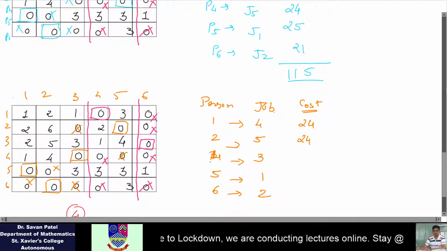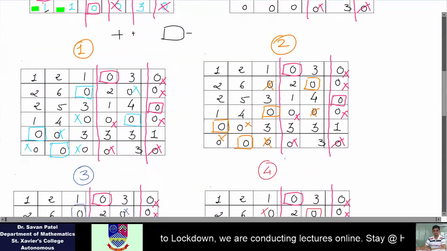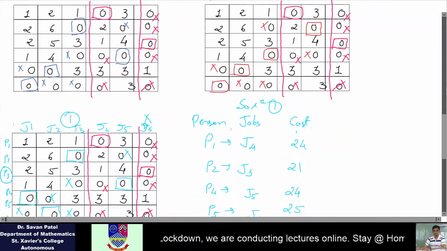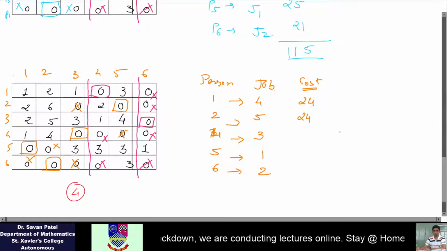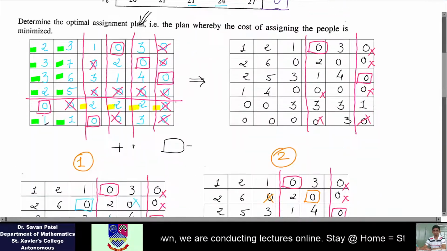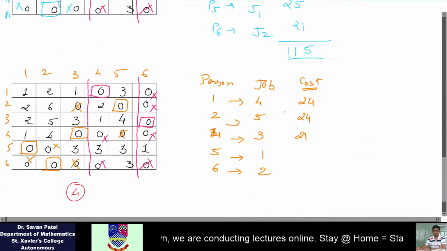Person 4 to job 3 is 21. Person 5 to job 1 is 25.